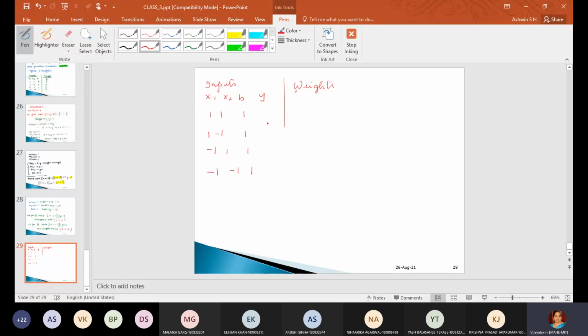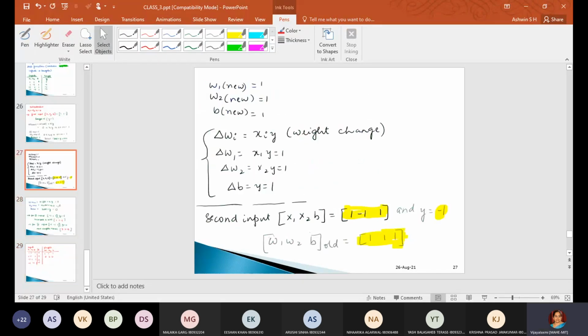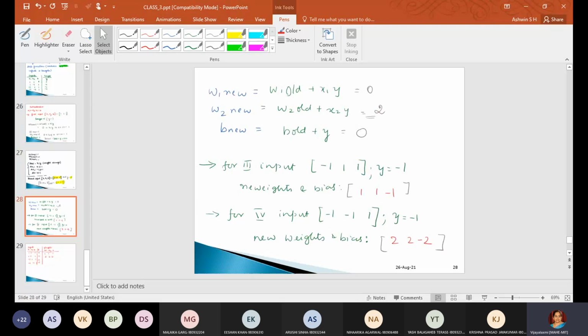The y is 1, minus 1, minus 1, minus 1. Now for the weights, I'll write w1, w2, b. I have got 1 1 1, 0 2 0, 1 1 minus 1, 2 2 minus 2.